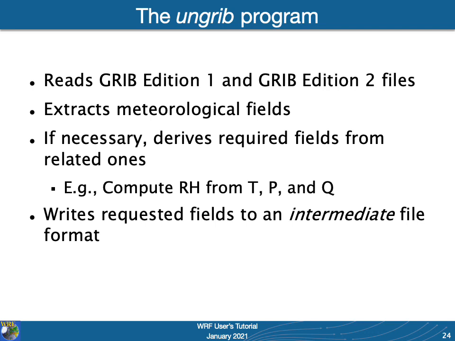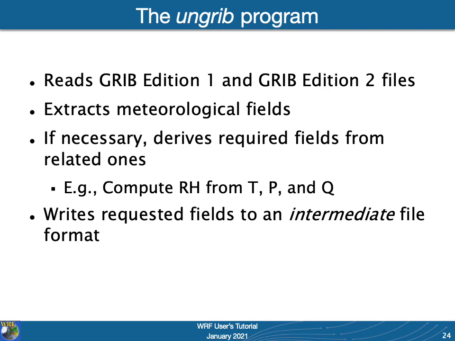So the Ungrib program is capable of processing two different versions of the GRIB format. There's GRIB Edition 1 and GRIB Edition 2. And if you intend to process newer GRIB Edition 2 files, when you compile the WPS, you'll need to link against additional compression libraries. So the entire purpose of the Ungrib program is to extract meteorological and land surface fields from GRIB files and to put them into an easier to process file format that we call the intermediate format.